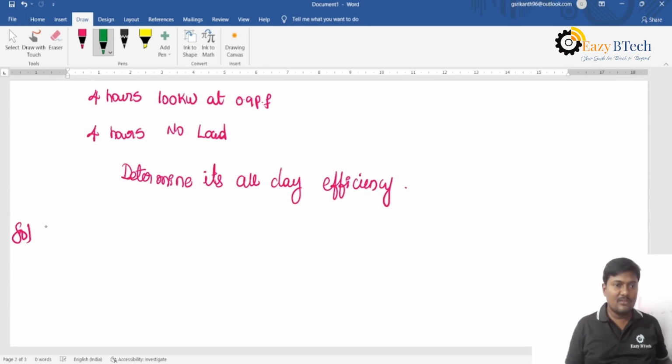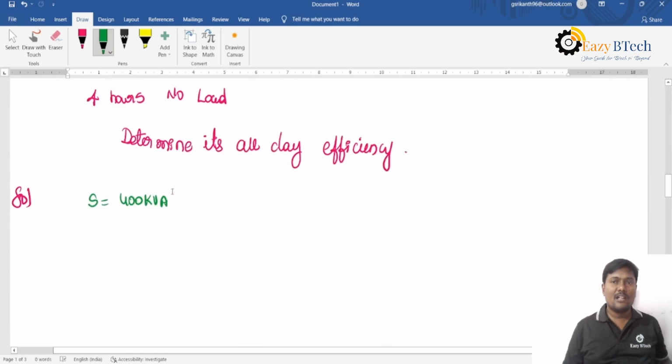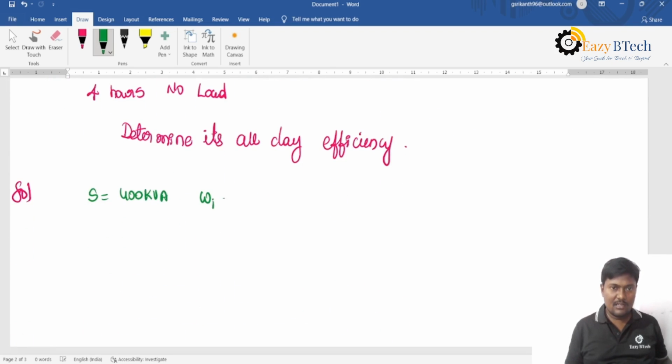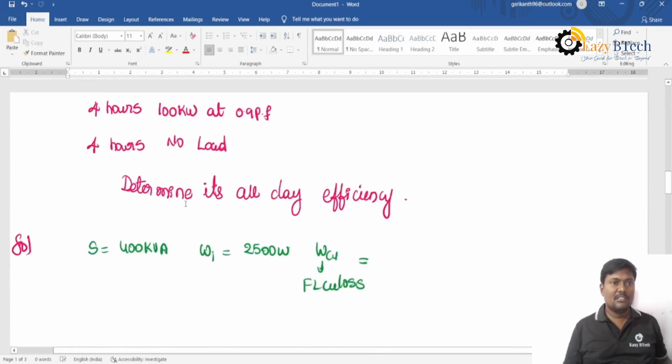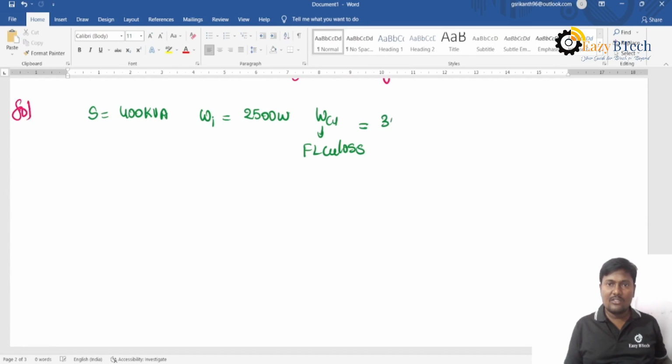So the S value is 400 kVA. Iron loss is 2500 watts, 2.5 kilowatts, and the full load copper loss, WCU, is equal to 3.5 kilowatts, that means 3500 watts.